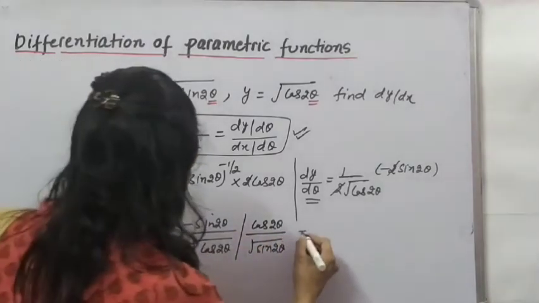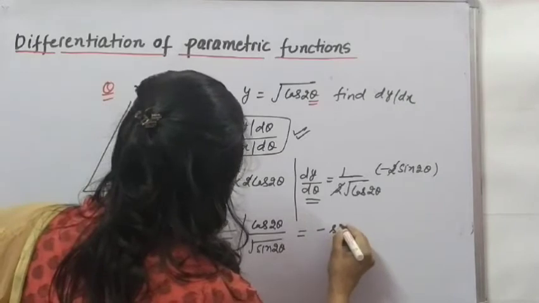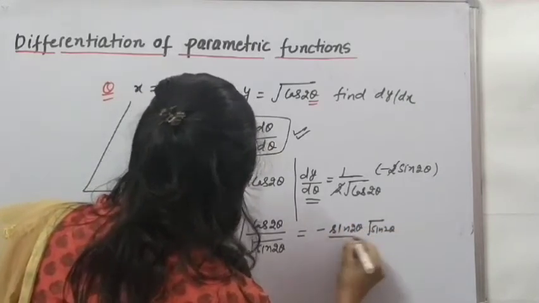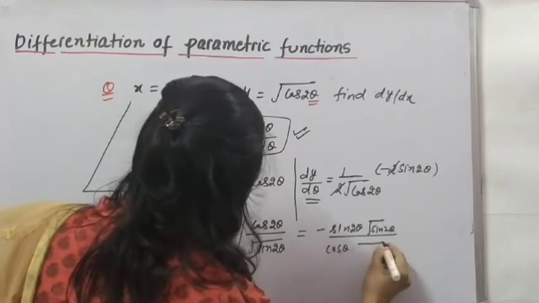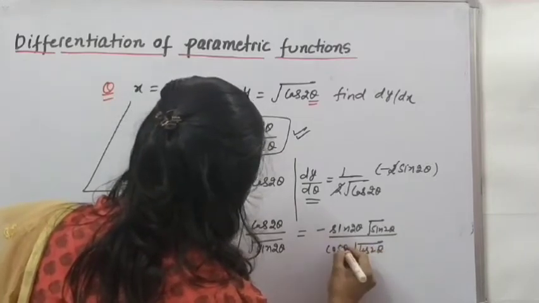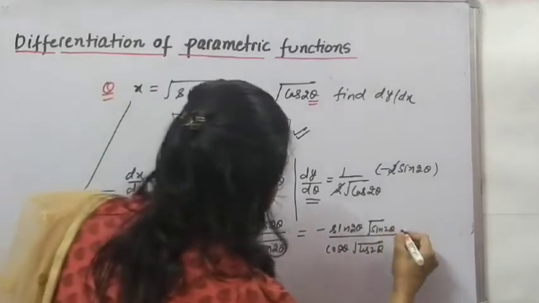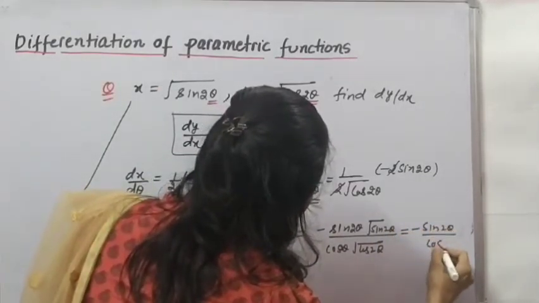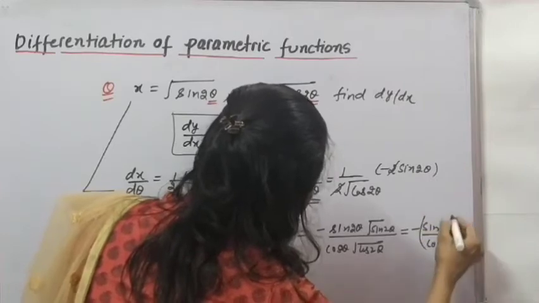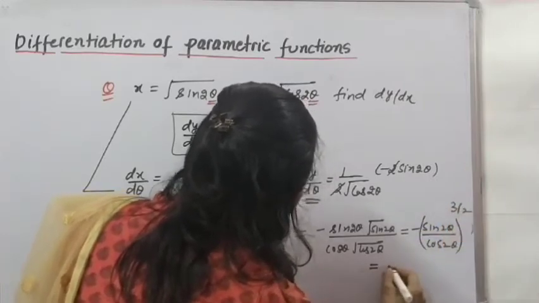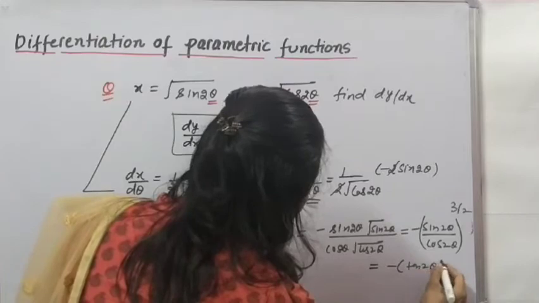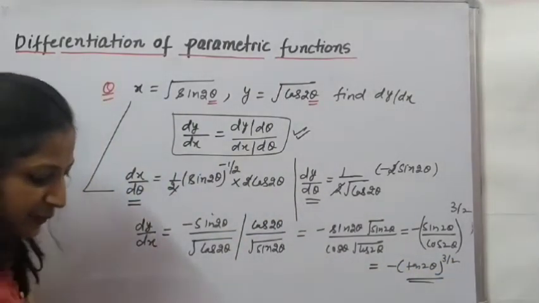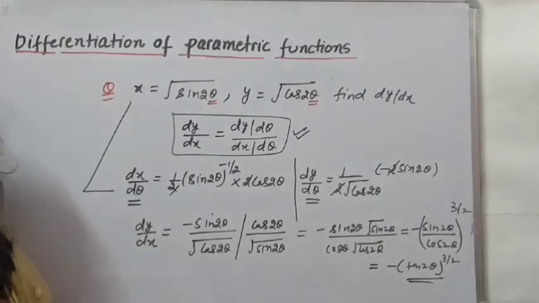So finally we will get minus sin 2 theta root sin 2 theta upon cos 2 theta root cos 2 theta, and finally its value will be minus sin 2 theta upon cos 2 theta whole raised to power 3 by 2, that is minus tangent 2 theta whole raised to power 3 by 2. So it is our final answer.